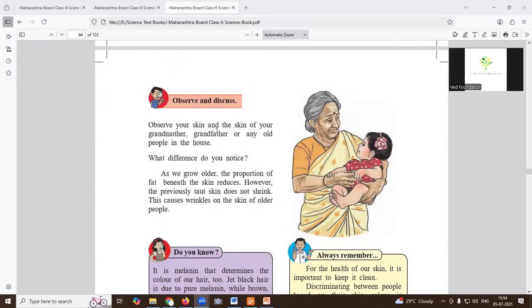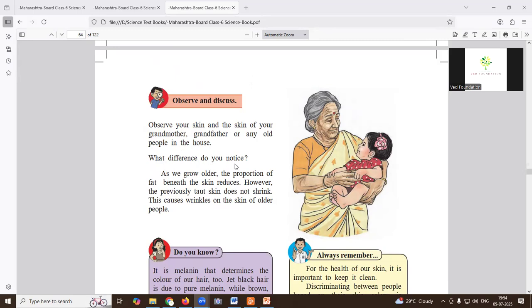नेक्स्ट, observe your skin and the skin of your grandmother or any old people in the house. तो आपने अगर ऑब्जर्व किया आपके फैमिली मेंबर्स की स्किन, आपकी स्किन, तो उसमें आपको डिफरेंस नोटिस होगा in the skin color. ओके, सबकी स्किन एक जैसी नहीं होती.